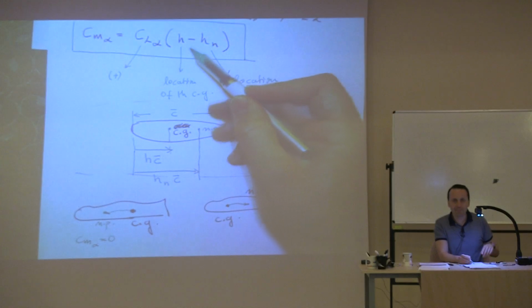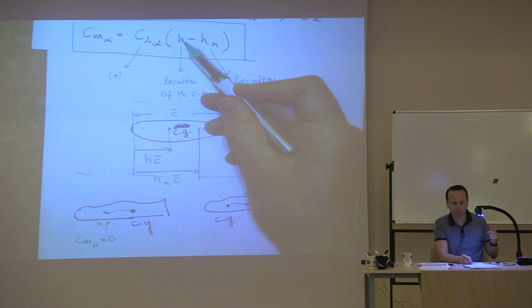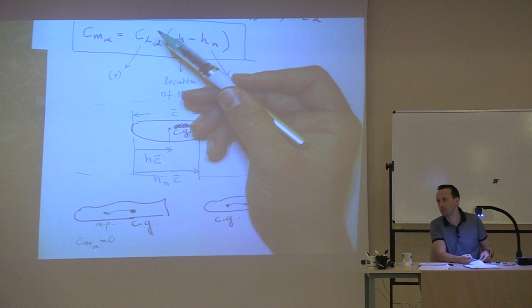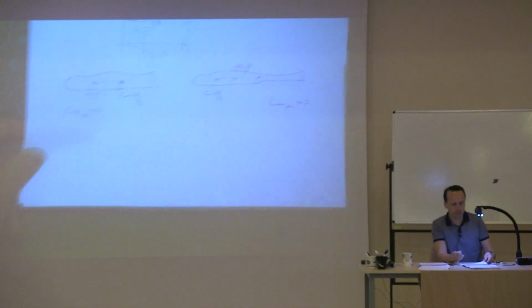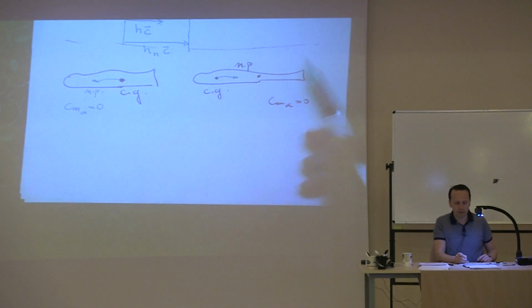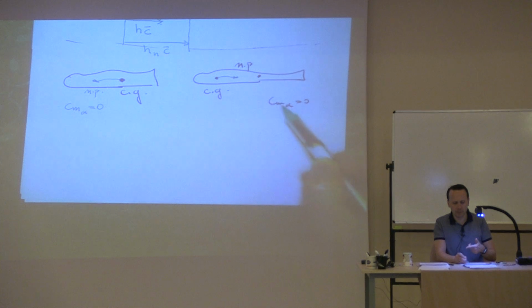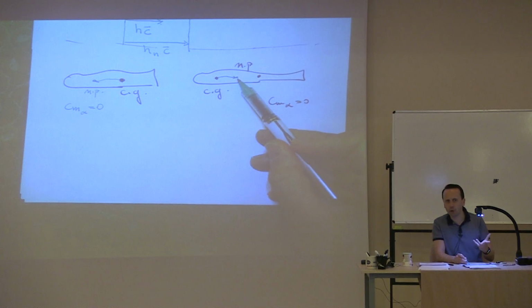Because if the CG is behind the neutral point, this H will be bigger, and therefore Cm alpha will be positive and the aircraft will become unstable. Same thing over here. Where is the CG? It's here. If I move the CG to this point, Cm alpha will become 0. Okay, then this point I will call the neutral point.